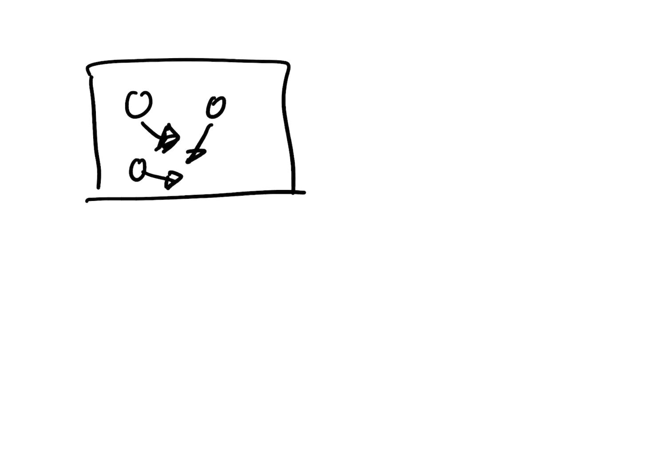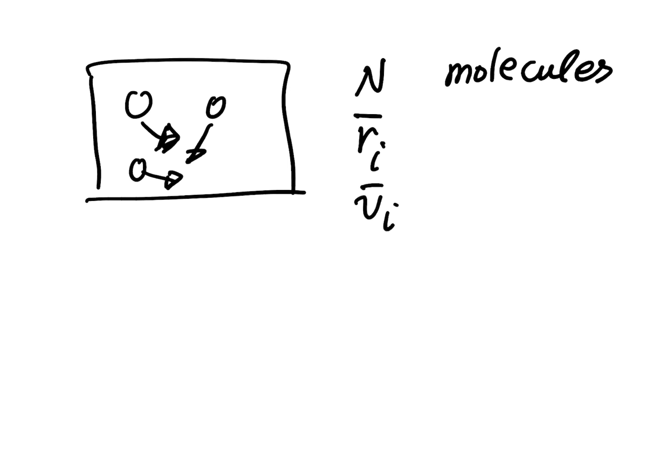If you have n molecules, each molecule has a position and each molecule has a velocity. That's 3 components and 3 components.